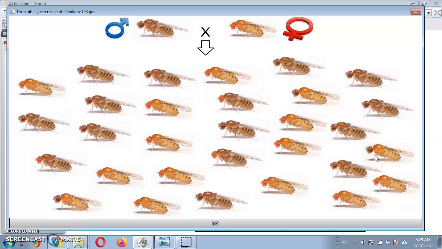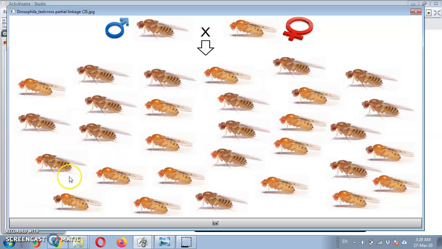On the other hand, the other three ones which constitute the low proportion having the dominant phenotype for the body and the recessive phenotype for the eyes can be this red eyes with brown body, this is 1, and there would be two other Drosophila having the same phenotype.